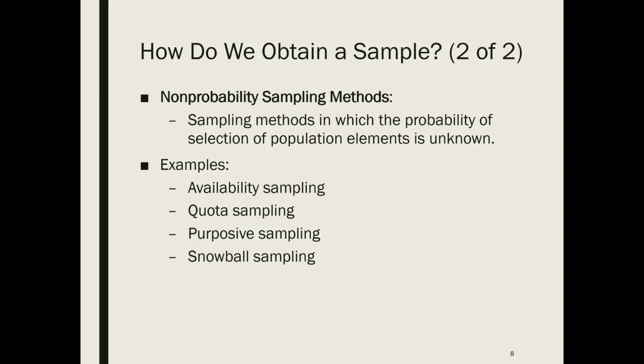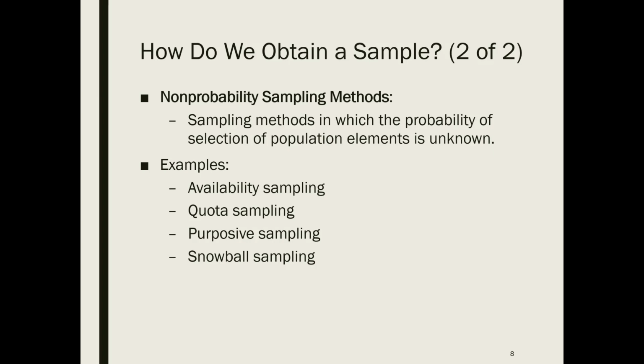Those samples come from people who are willing to join the study. Snowball sampling means you talk to one person, and this person knows two other persons. Those two may want to join the study and they also know three or four more persons. So it's like a snowball getting bigger and bigger.